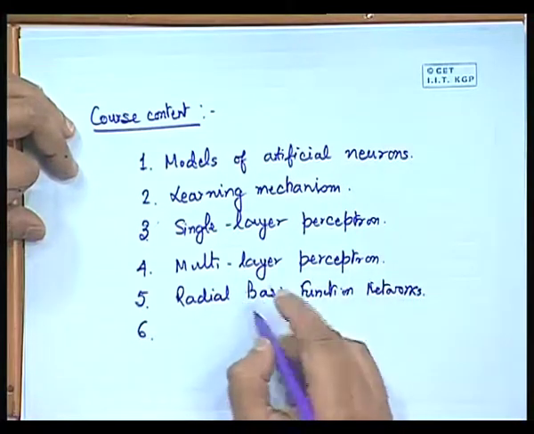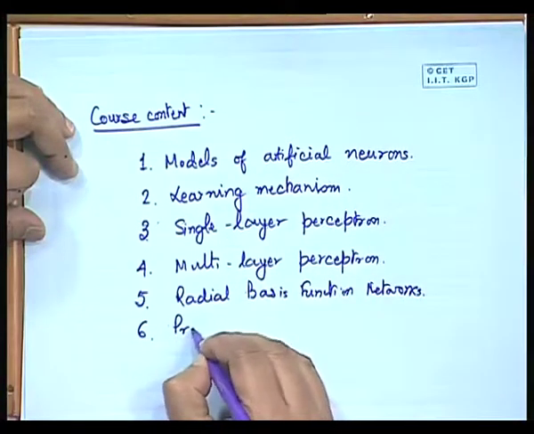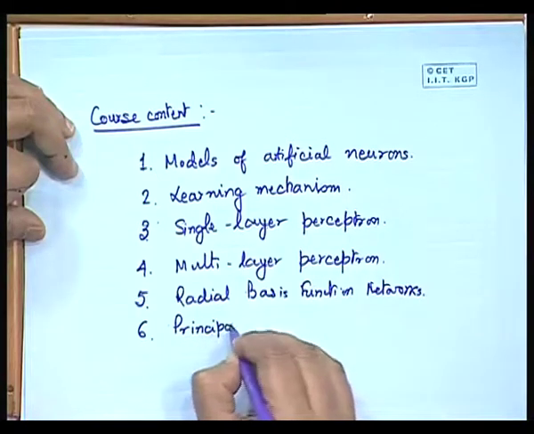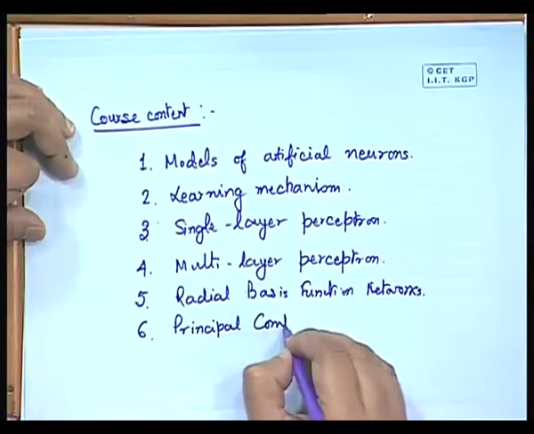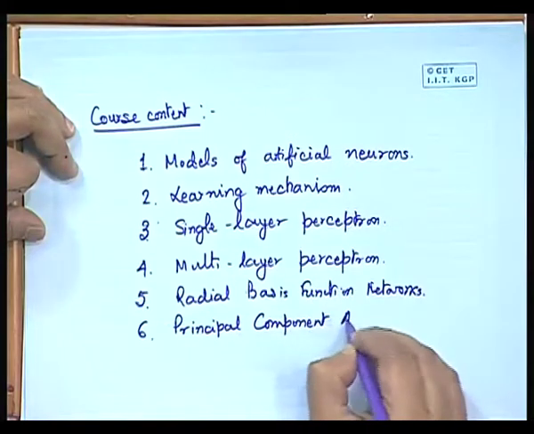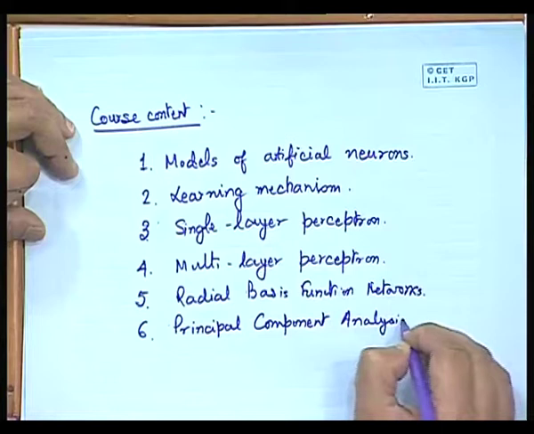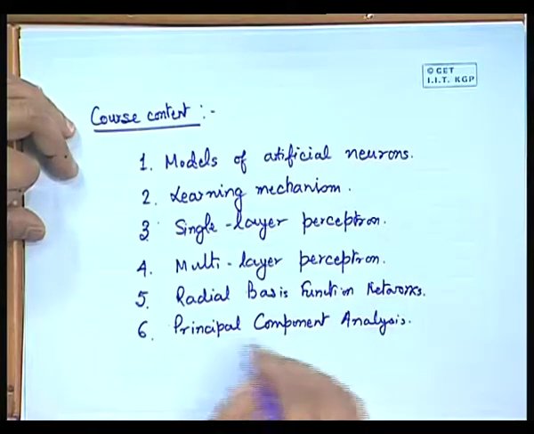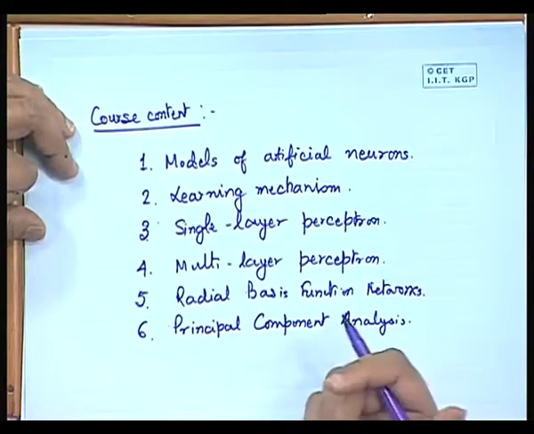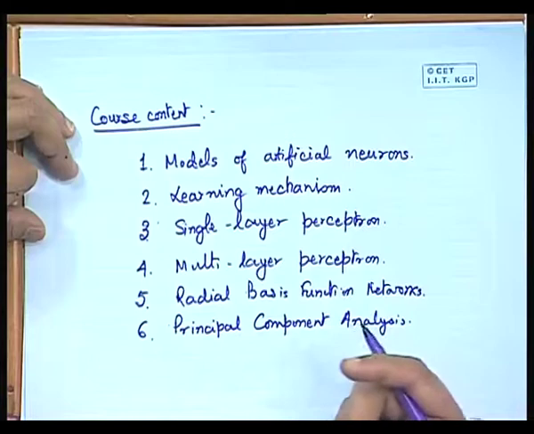And then we are going to study what is known as principal component analysis, which is based on the eigenvalue decomposition technique, and we will see how a neural network can be very effectively utilized to perform the eigenvalue decomposition and to project given data into the eigenspace, for the purpose of dimensionality reduction.